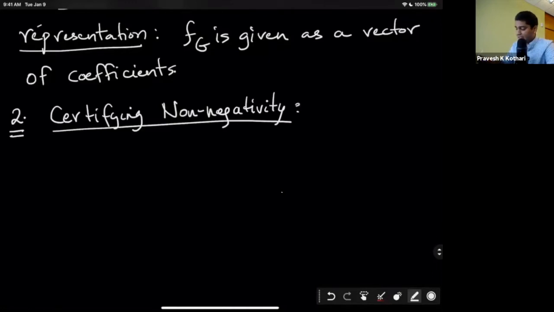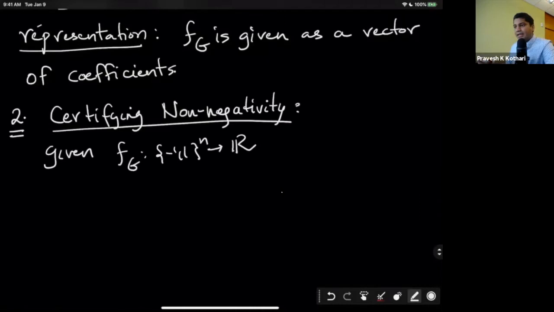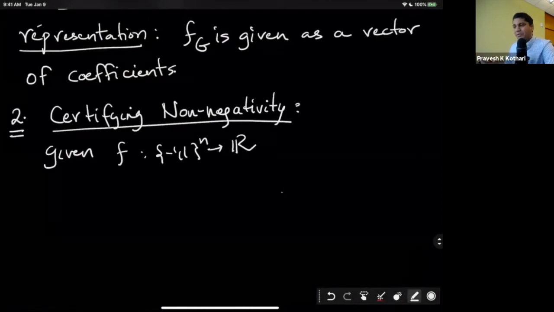In this case, we are given a polynomial f, and we want to understand non-negativity of f, and in particular, if it is non-negative, we want to produce a certificate of non-negativity.